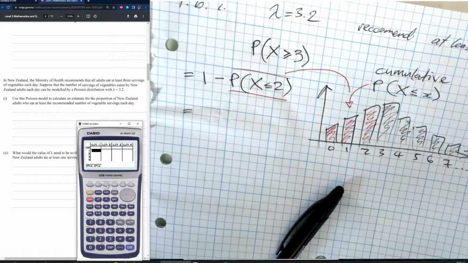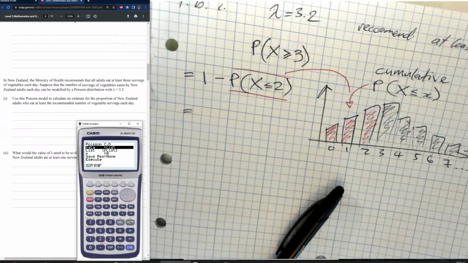Okay, so we go into our calculator, PCD now. Remember, you just have to change data over to variable. You never actually do data list, so it's kind of annoying that that's the default setting, but it's probably useful for something. So now we're doing 2 or less, so that's everything up until 2, so x is 2. And again, why did they make that a mean when they could have just made it a lambda? Maybe the calculator doesn't have a lambda symbol.